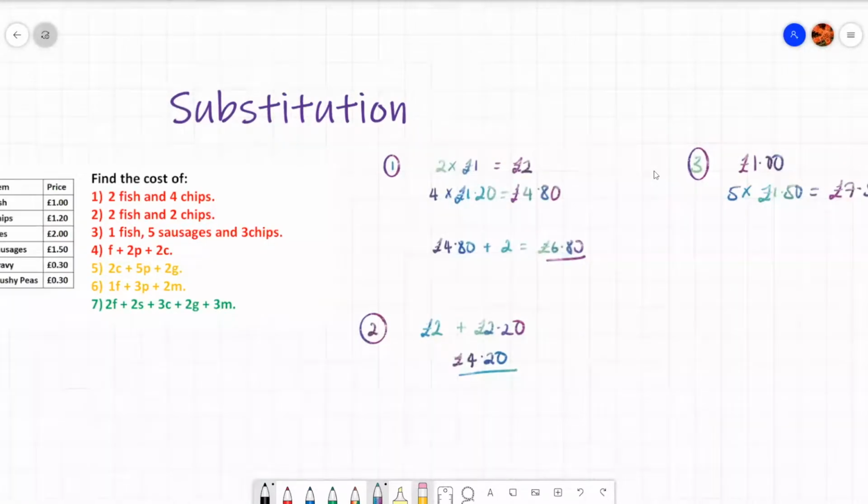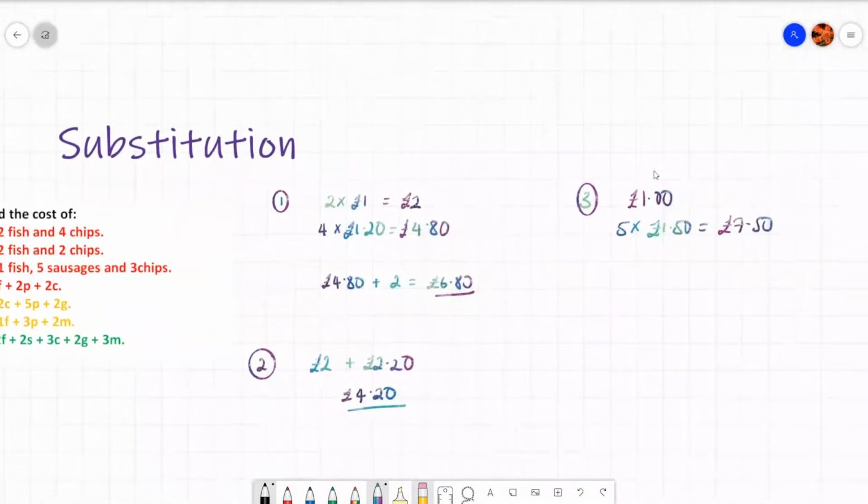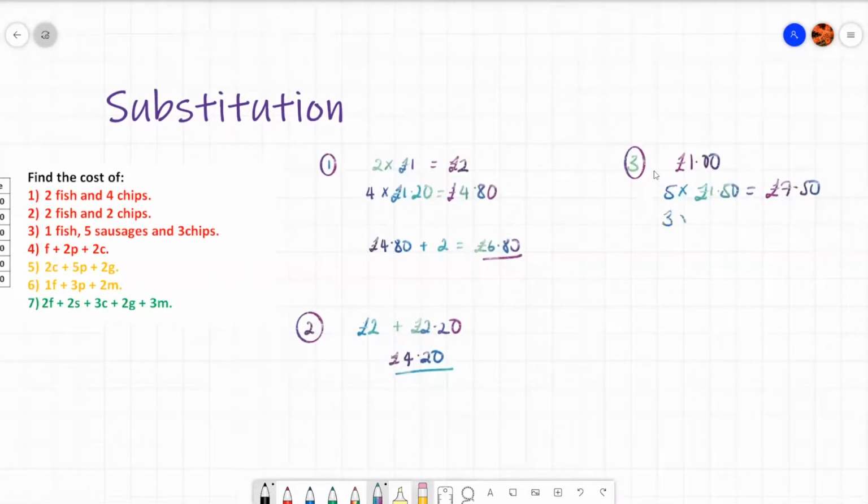And then we need 3 chips, so that's going to be 3 times £1.20, so that would be £3.60. Let's add them up. So we're adding £1, add £7.50, add £3.60. That would be £12.10.